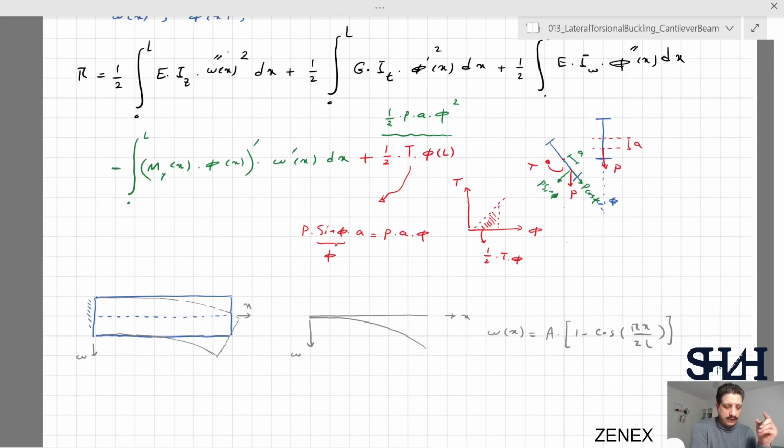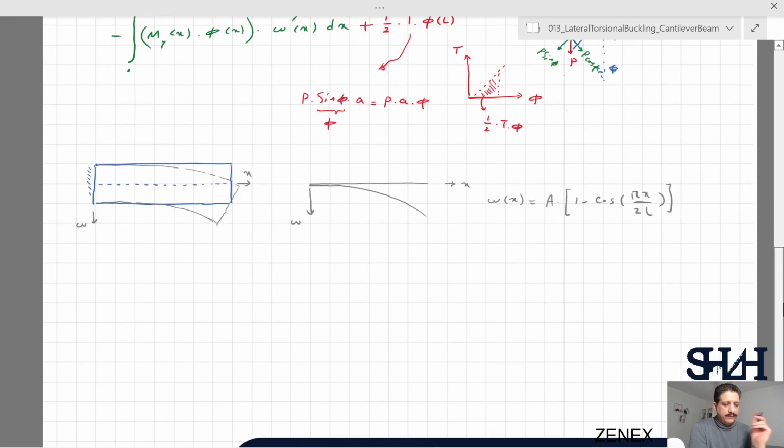If x is 0, then omega is 0. And if x is L, then cosinus pi over 2 will be 0. And as a result, A will be the deformation in omega direction. Also, if we take the first derivative of this omega, it will be a function of sinus. And if x is 0, then a slope in this plane will be 0. So this is a good function to consider for omega.